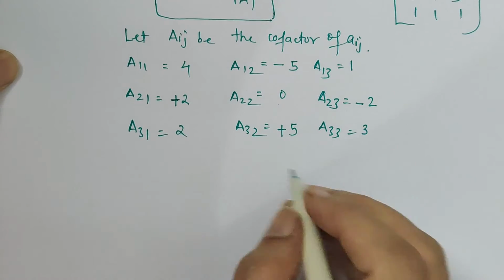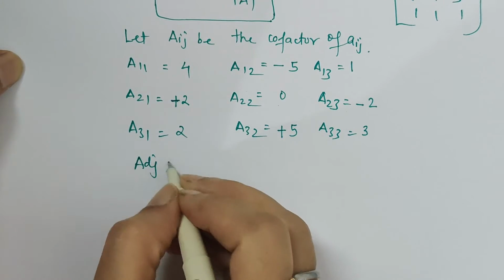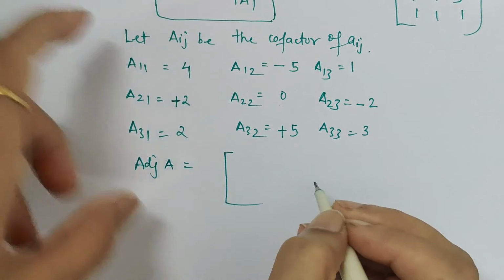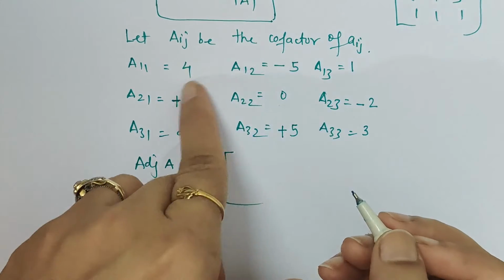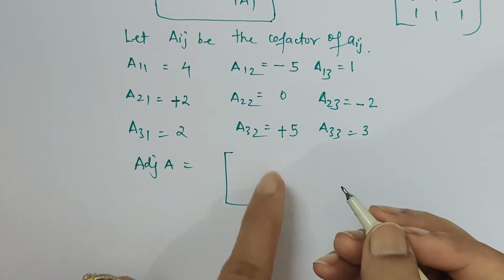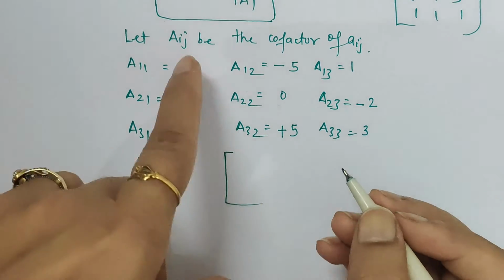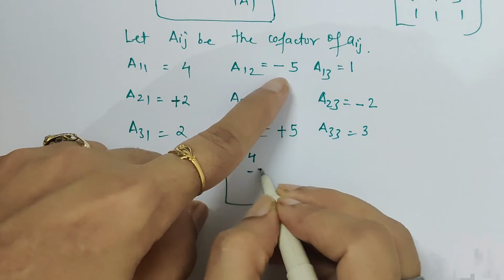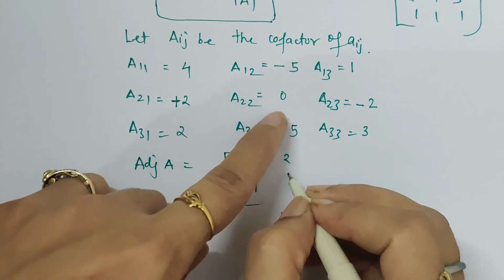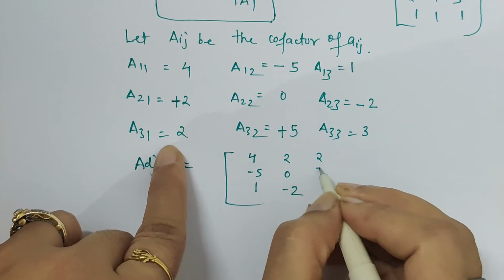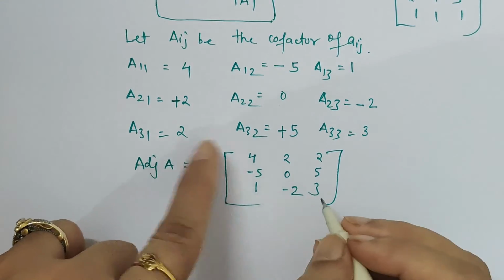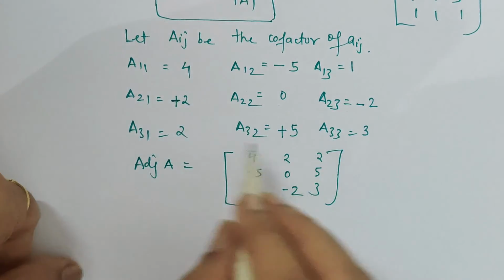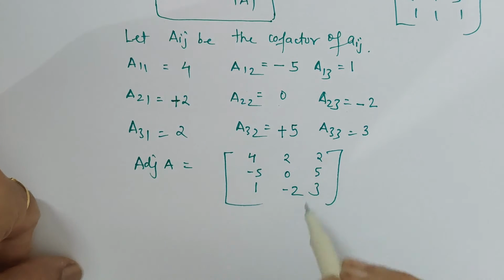Now the cofactors are in our hand. What we just have to do is write whatever is written in row form in column form. That is our adjoint of the matrix. So I'll write 4, minus 5, 1, then 2, 0, minus 2, 2, 5, 3. I have written it in column form: all the elements I see in the rows I have written in columns.